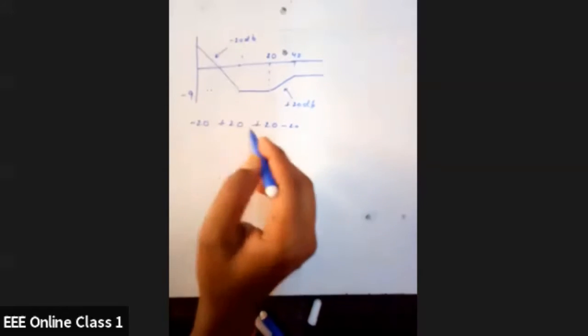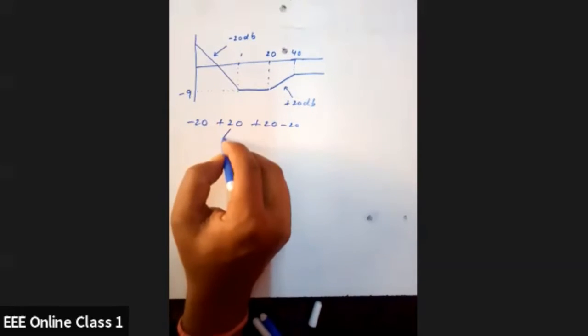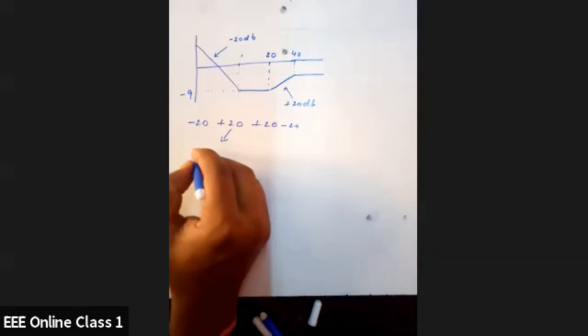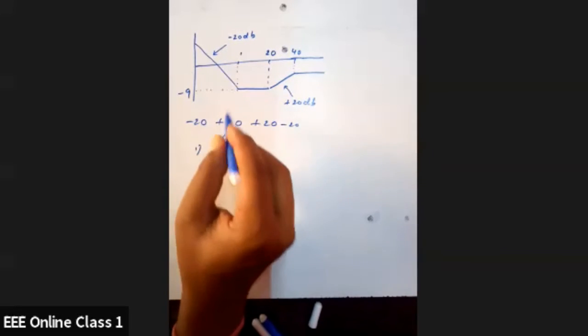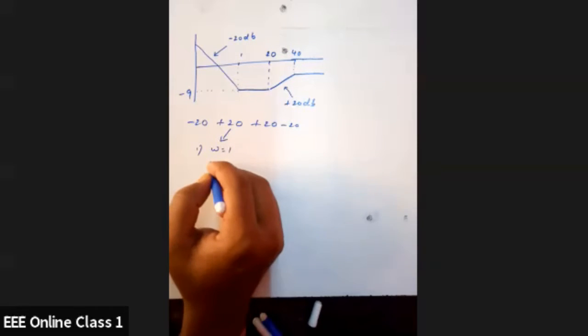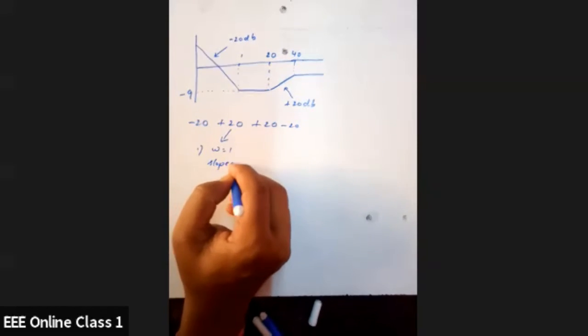Now let us take the second one first. The corner frequency is omega equal to 1, and slope is plus 20.